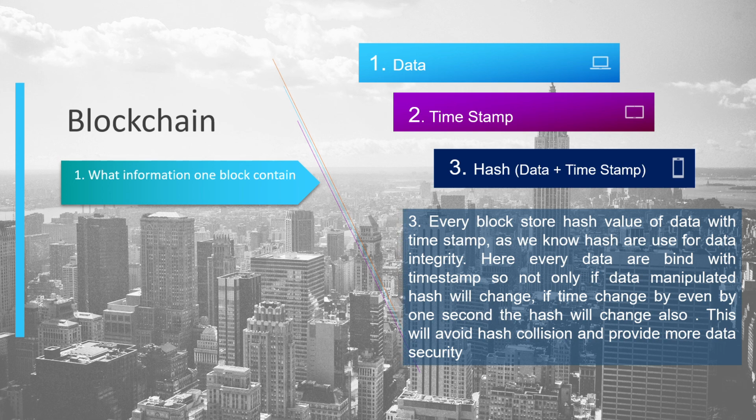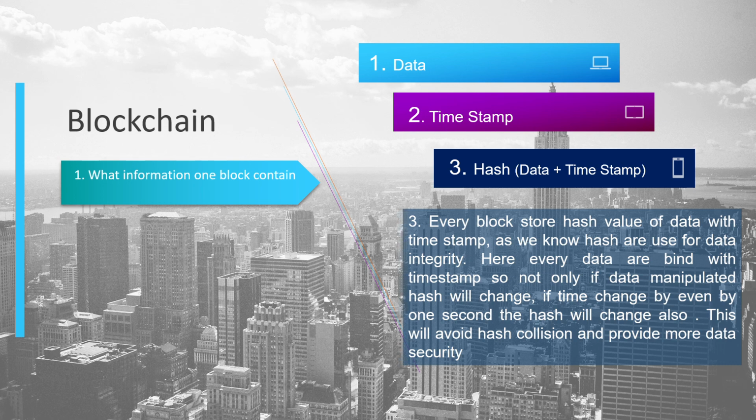Now that is difficult. You know the timestamp, but the attacker doesn't know what time you created the data. Even if he knows the data, he is not able to manipulate it because it is bound with the timestamp also. We are not actually encrypting the data. We're actually following a timestamp only and hash only.